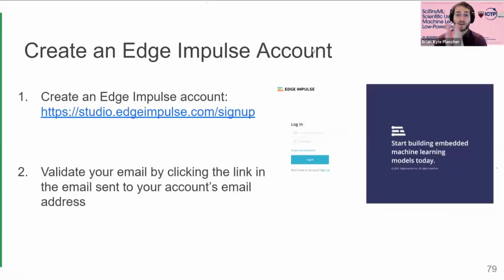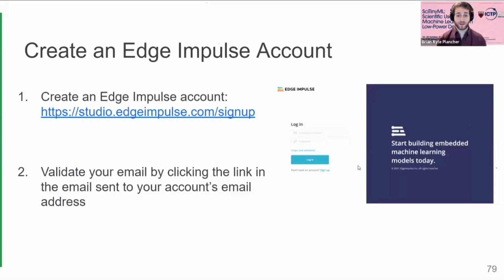If you haven't created an Edge Impulse account yet, you should create one now. Go to edgeimpulse.com or studio.edgeimpulse.com/signup. But I think if you just go to edgeimpulse.com, you can also just click to sign up. You'll probably have to validate through your email, and then you should have a free account, which should let you create your first impulse.